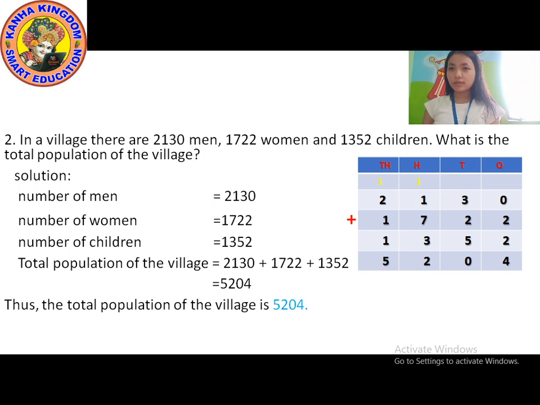So the question is, what is the total population of the village? You have to find out the total population of that village. So how will you find out the total population of that village?